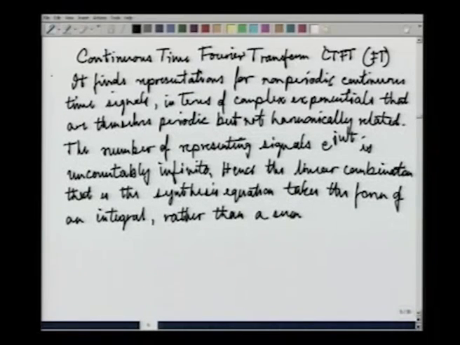So, let us number them. This is point 1, point number 2, point number 3.